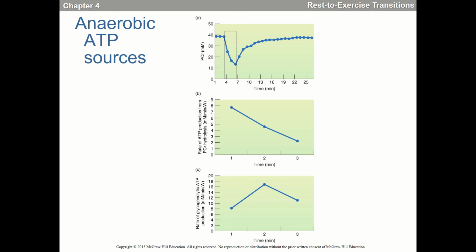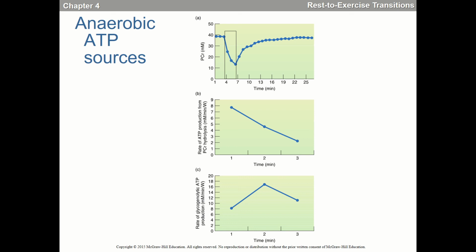But after a couple of minutes of beginning exercise, and notice here it starts around 4 minutes and goes to about 7, that's about 3 minutes in total. And that's what I said, it takes typically to get to an aerobic level of intensity. It starts to climb back up after that, indicating that we're no longer using the phosphocreatine system, and we're replenishing it. Is everyone good with this?